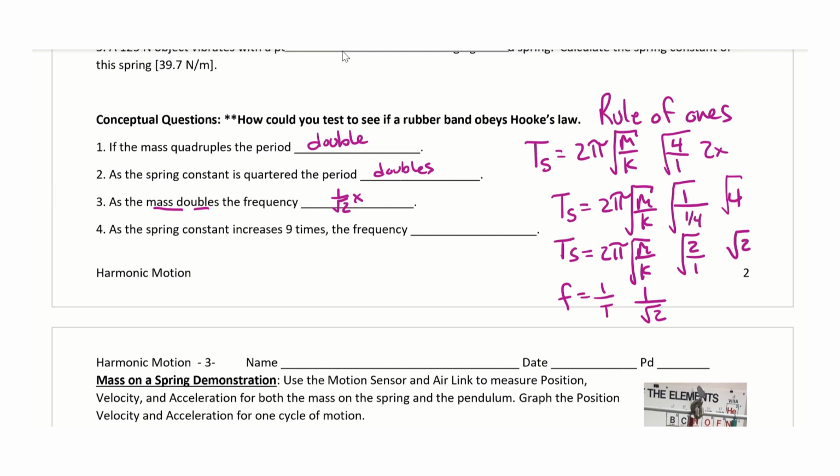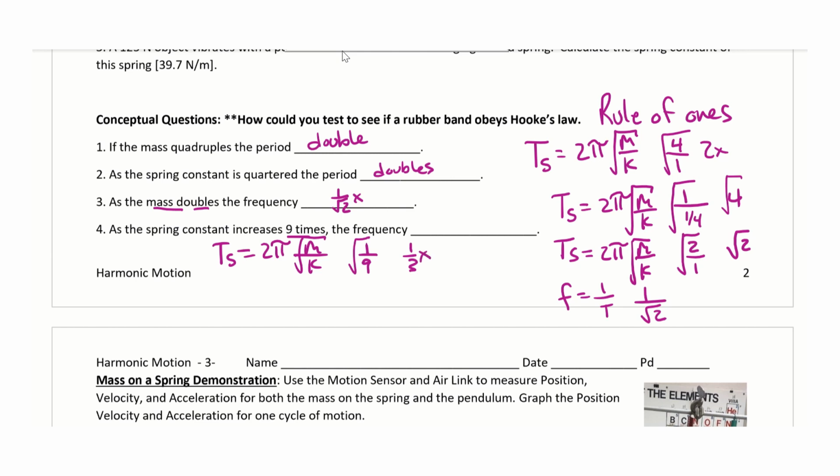And the last one, if the spring constant increases 9 times, what happens to frequency? 2 pi square root of m over k. Spring constant increases by a factor of 9. So the rule of ones tells me mass is the same. Spring constant increases by a factor of 9. Square root of 1/9 is going to be 1/3.